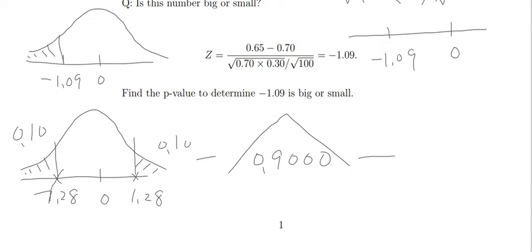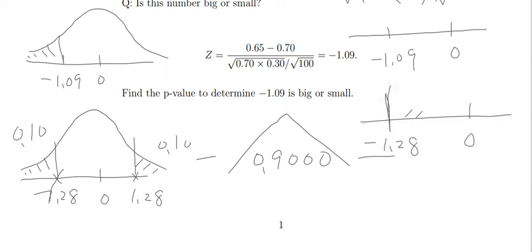Then we determine whether the test statistic, negative 109, is a big difference or a small difference. So we say our cutoff point is thus negative 1.28. We just use negative 1.28 as our standard.